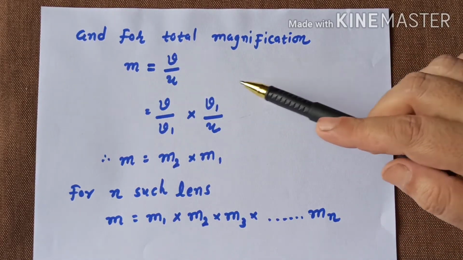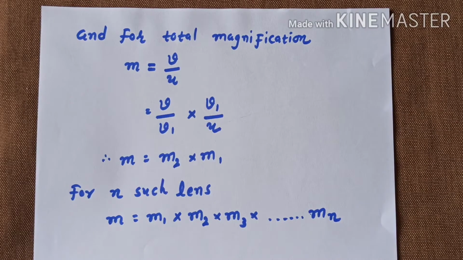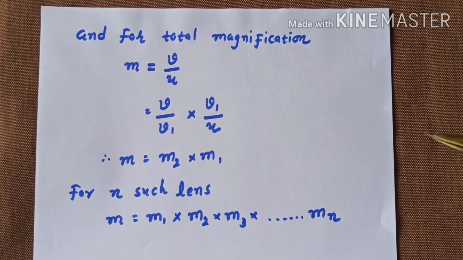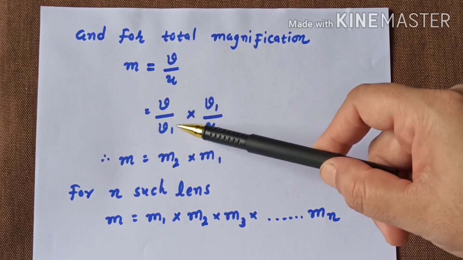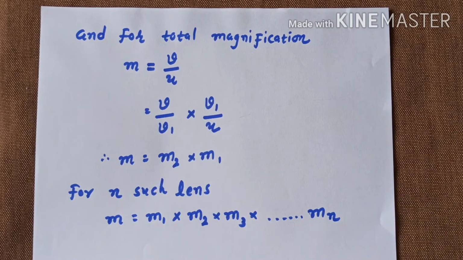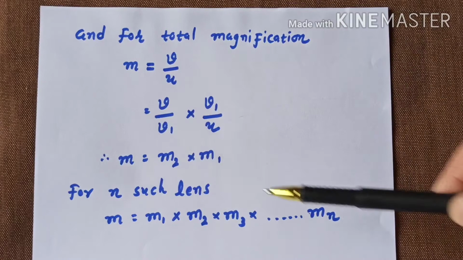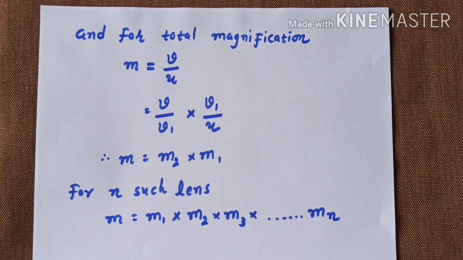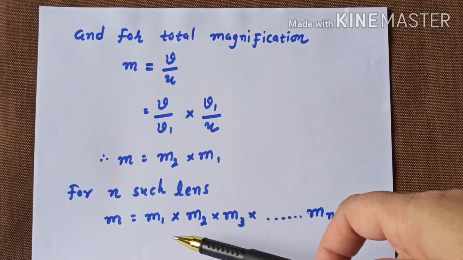Magnification is simply the ratio of image distance to the object distance. If we divide by V1 and multiply by V1, then what we will get is V by V1, that is the magnification due to lens B, that is lens 2, and V1 by U, that is the magnification due to lens 1. So you will get the total magnification as the product of the magnification due to each lens.